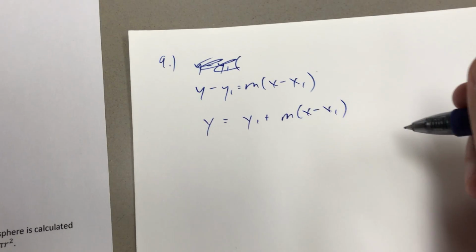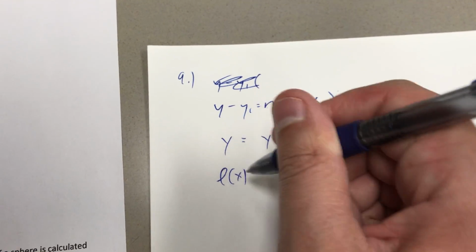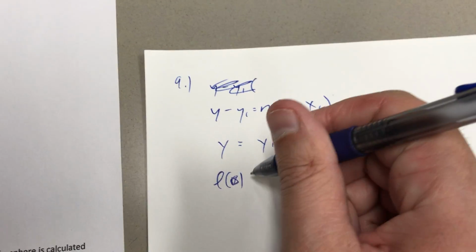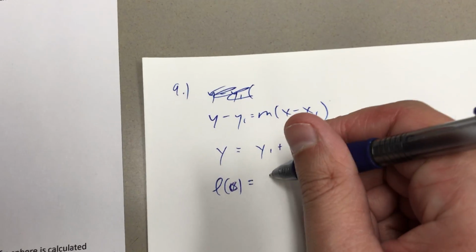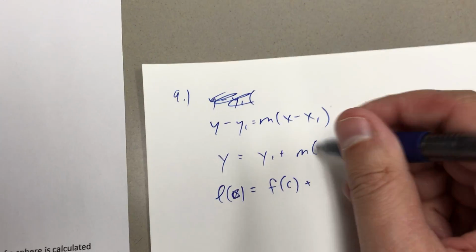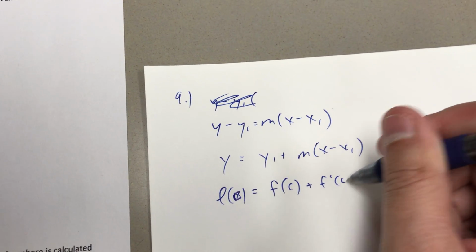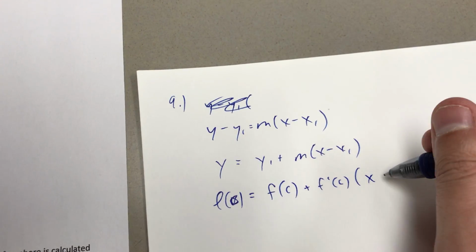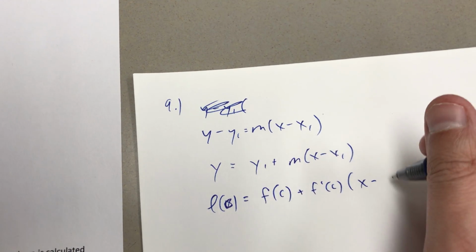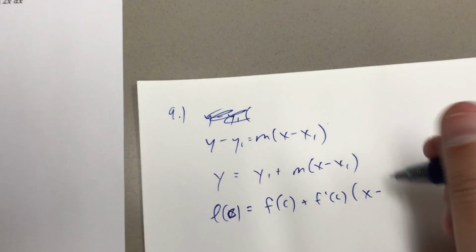Your book uses a little different notation. They say that L of x, actually c I think is the point that they're doing it at, is equal to the initial value of the function at c plus the slope, which of course is the derivative at c, times x minus the initial value of x.